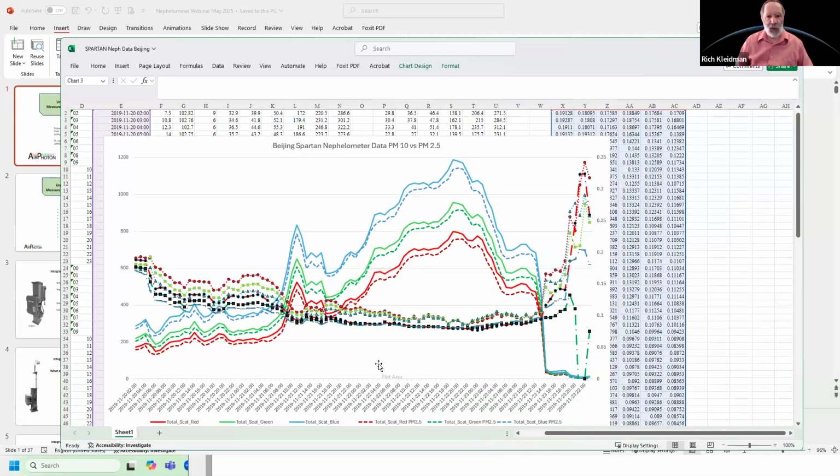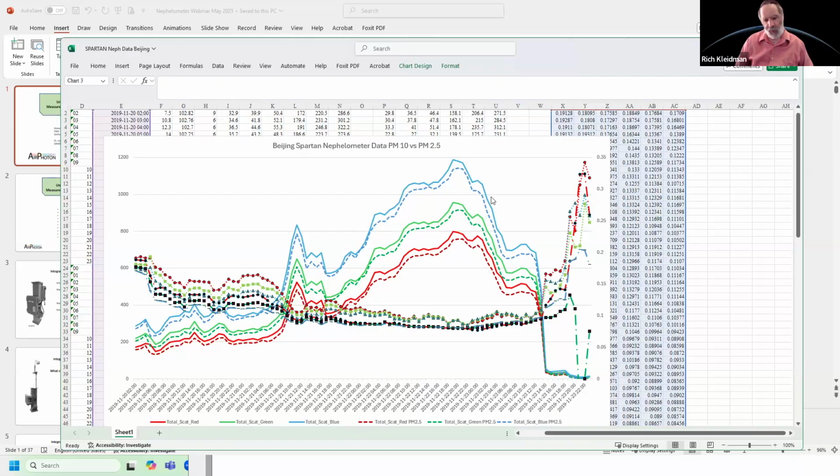So what I'm showing here from a SPARTAN instrument in Beijing is these lines here, the solid and the dashed lines. So this is their PM10 and their PM 2.5. Again, large separation. So you are seeing something that is mostly dominated by fine mode.